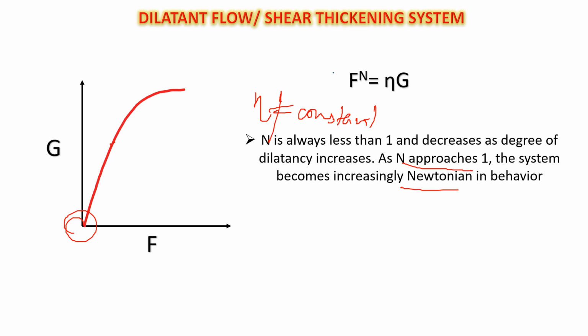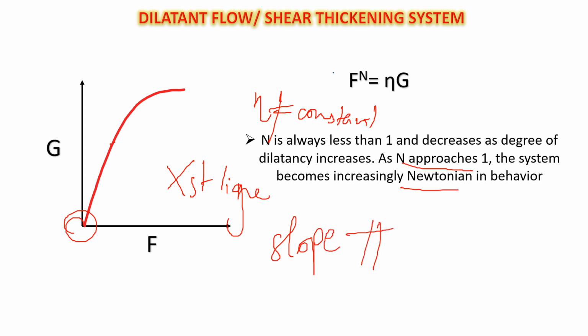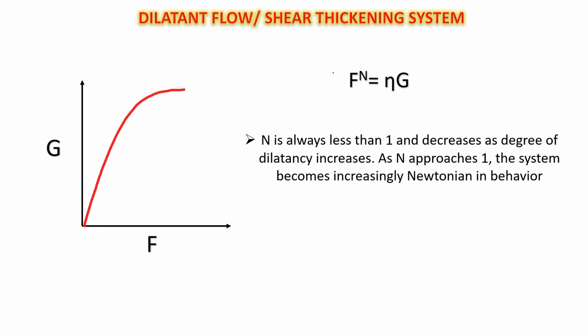Pseudoplastic was the same, dilatant is also the same, passing through the origin, but these are not straight line graphs, and the slope is not constant. So this is a shear thickening system.